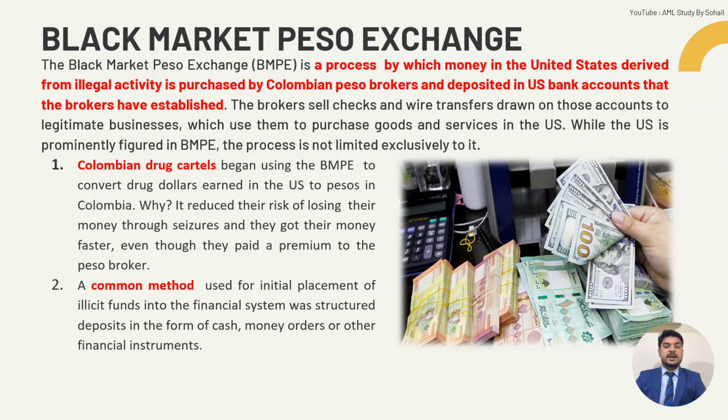It reduced their risk of losing their money through seizures, and they got their money faster, even though they paid a premium to the peso broker. A common method used for initial placement of illicit funds into the financial system was structured deposits in the form of cash, money orders, and other financial instruments.